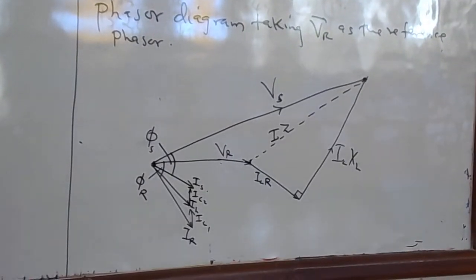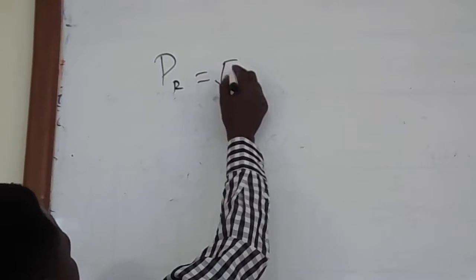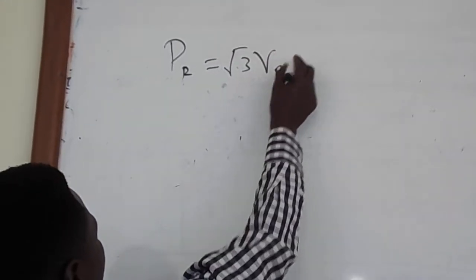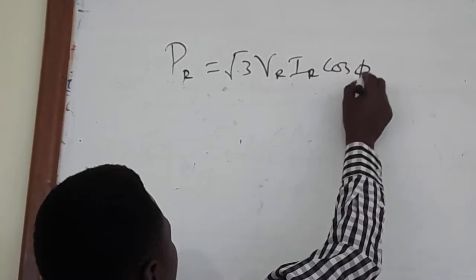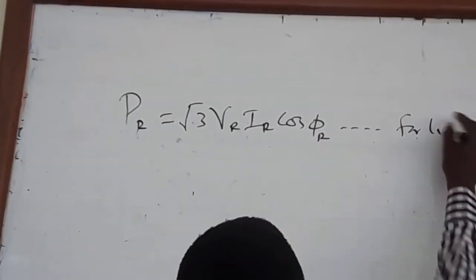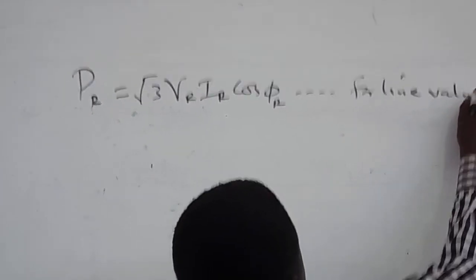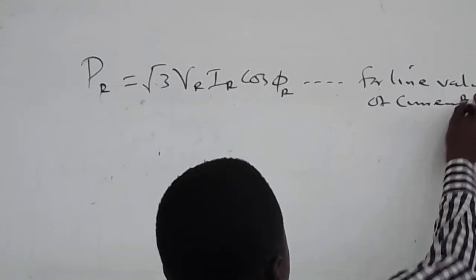If I'm told to get the receiving end power, that will be root 3 VR IR cos phi r. This is for line values of current and voltage.